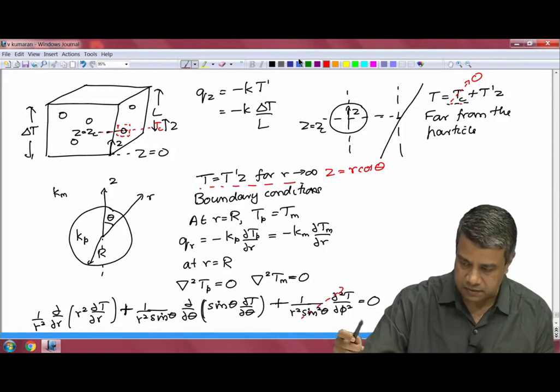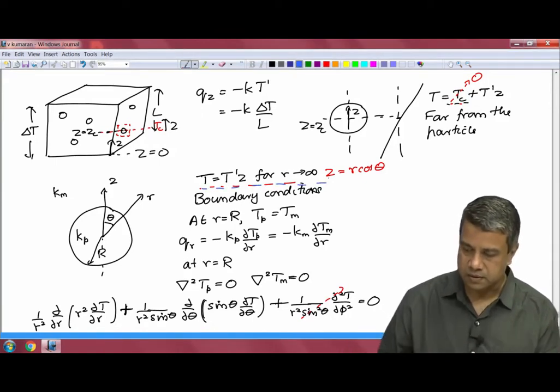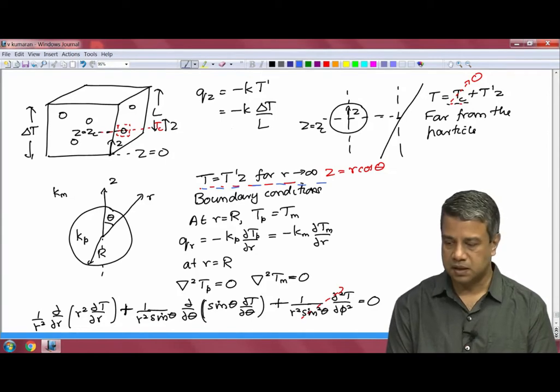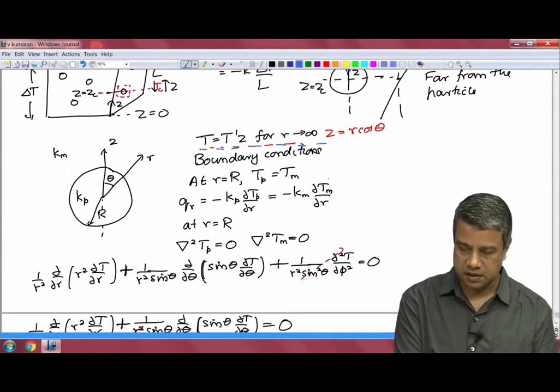Okay. So, that is one of the boundary conditions where z is equal to r cos theta. At the surface, the particle and matrix temperatures are equal, and the particle and matrix normal fluxes are also equal, at the surface.